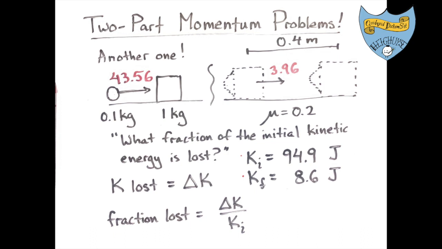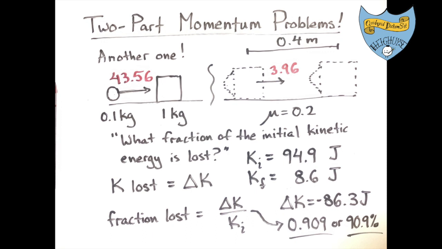Regardless, I'm going to use these numbers, because it kind of doesn't matter. If those are the initial and final kinetic energies, the change would be the difference. So we lost 86.3 joules of kinetic energy as heat and sound and other things. And therefore, the fraction of energy lost is 0.909 or 90.9%.